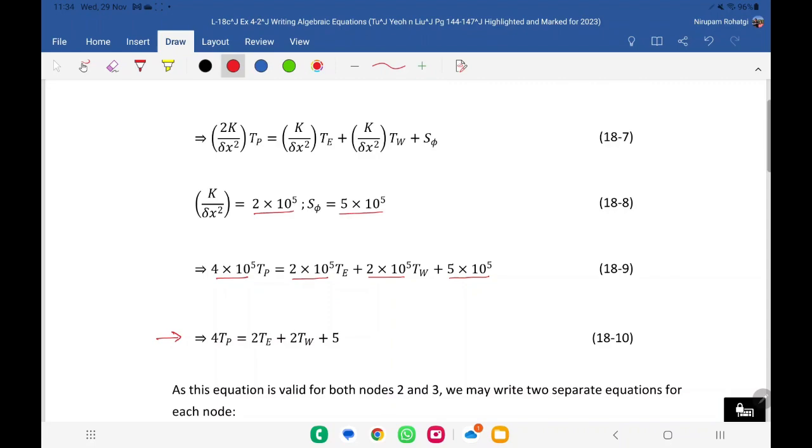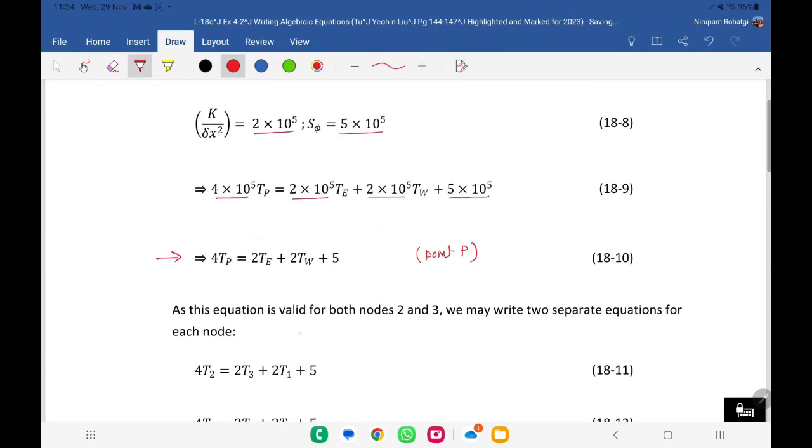Now this equation is written for point P, right? East and west are points adjacent to this. As this equation is valid for both node 2 and node 3, because for all the internal nodes it will be the same, unless there are some variations, like lengthwise variation.